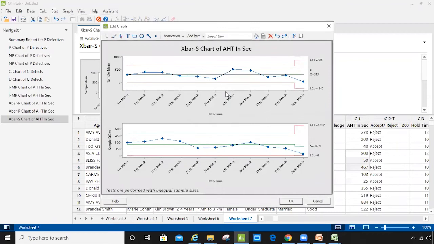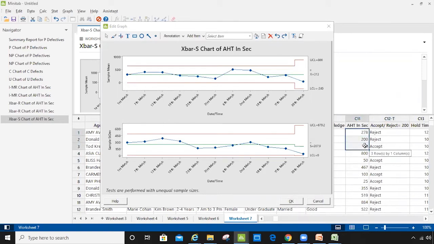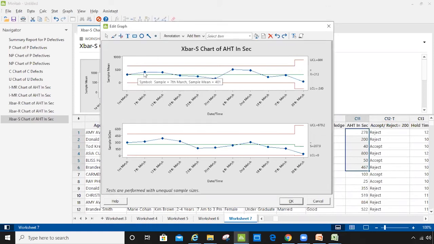Okay, so now in the sample mean, what it has done is it has taken the mean of the first 6 data points, 1, 2, 3, 4, 5, 6, and the average of this has been plotted over a period of time. So the first data point is 306, the second is 401, because this is the sample mean. So it has plotted the mean, and the intent is to conclude whether there's any special cause variation or not. So there isn't any special cause variation here.